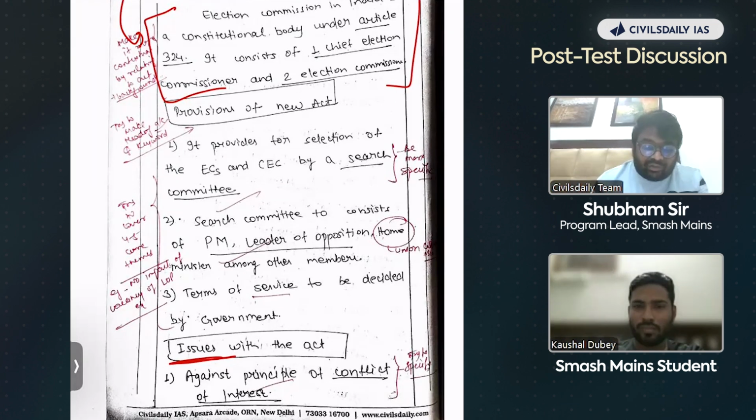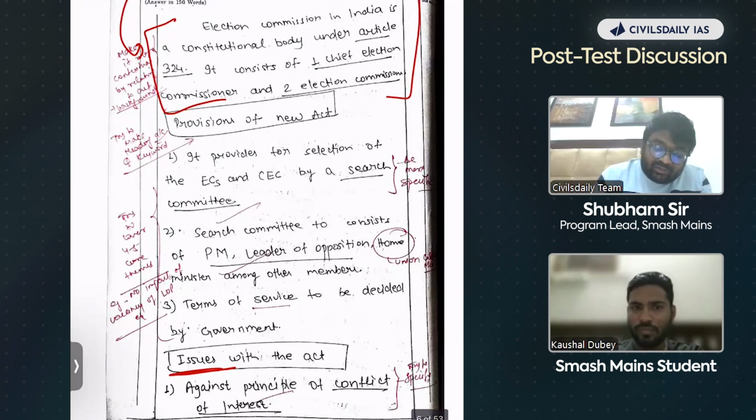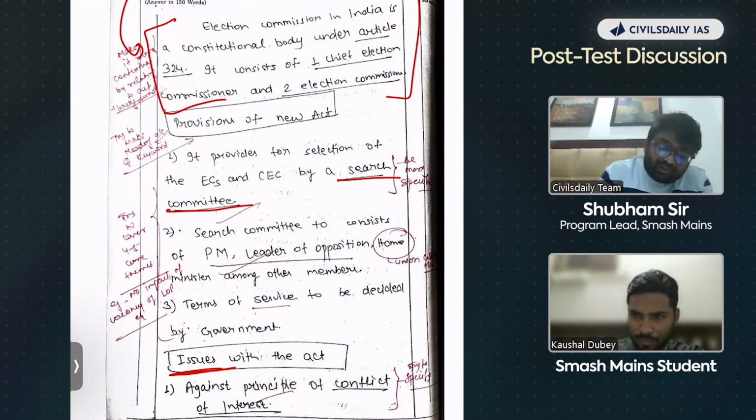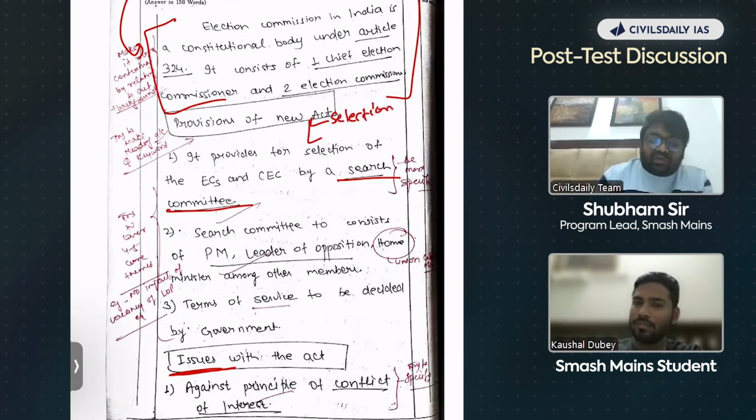Here also, try to give subheadings in your answers. Okay. Search committee could have been a subheading. Okay, so the selection. It is not the search committee. There are two committees. One is the selection committee, which involves the Prime Minister, the leader of opposition, and it is not the Home Minister but a Union Minister.